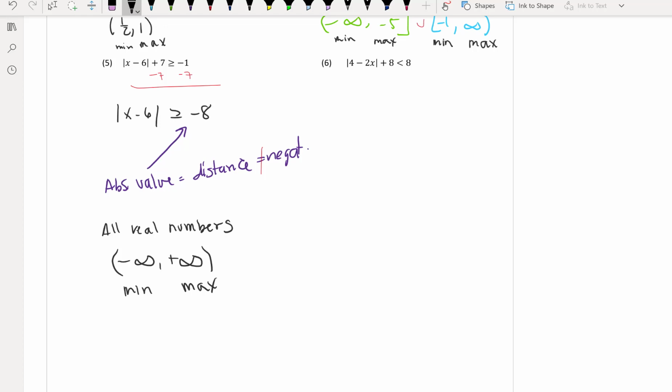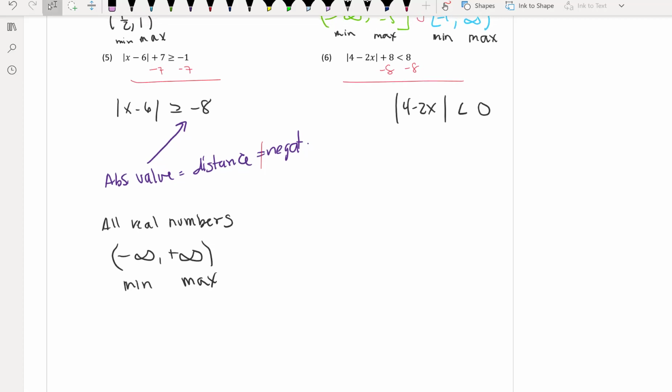Okay, well, let's see what happens with number 6. With number 6, I'm going to subtract 8 from both sides. So that absolute value of 4 minus 2x is going to be less than, and here I have 8 minus 8, which is going to be 0.